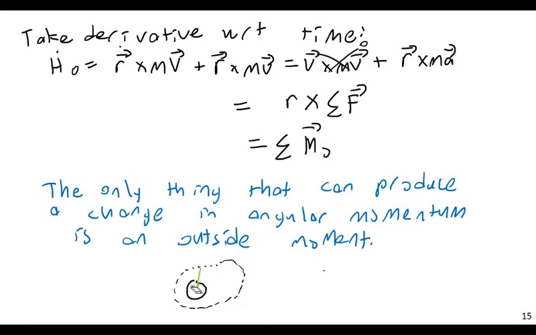It's always perpendicular to the object's path at any given place in the orbit. And what's important is that if a force is pointing towards the axis of rotation, it generates no moment.